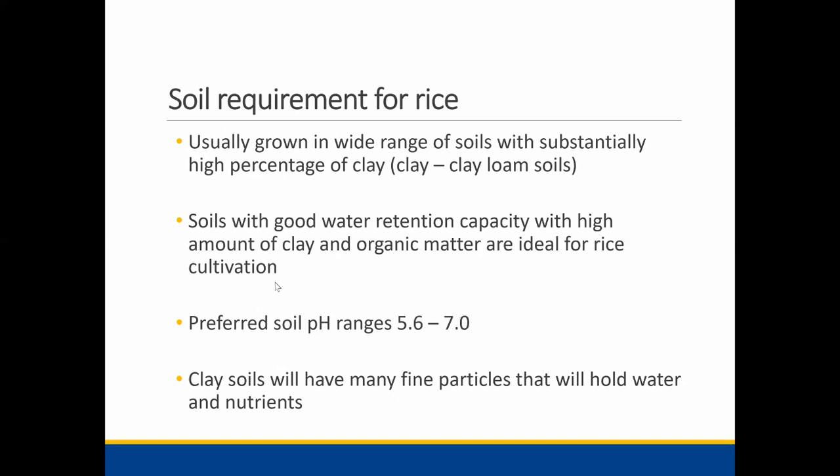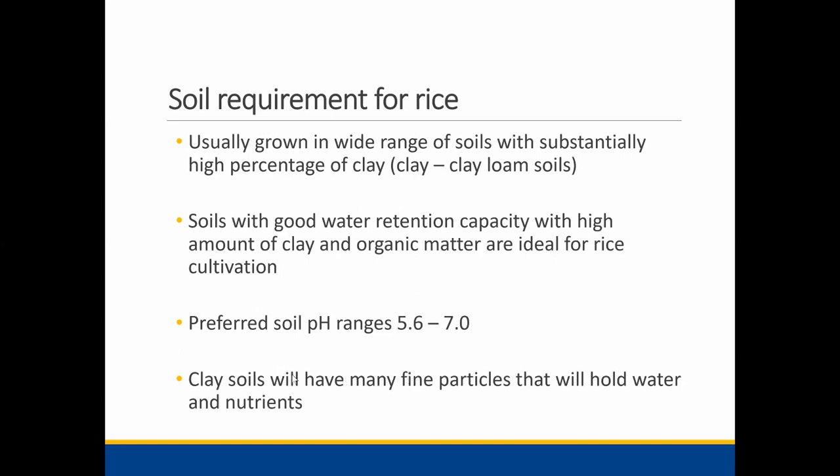If you look at the soil pH, the preferred range is from 5.6 to 7. Soil pH is very critical because it determines the availability of different nutrients. In this particular range, the majority of the nutrients are available to the crop. Clay soils have many fine particles that hold water and nutrients because of their negative charges, especially the cations.